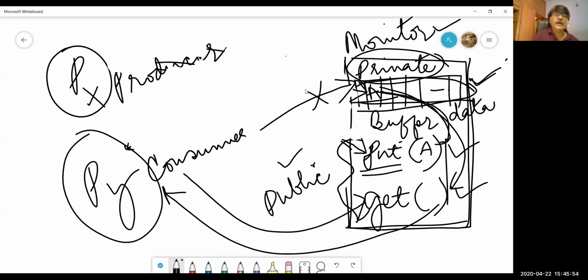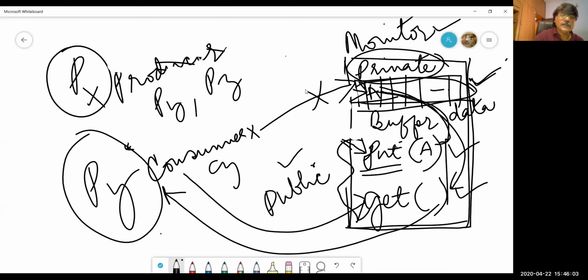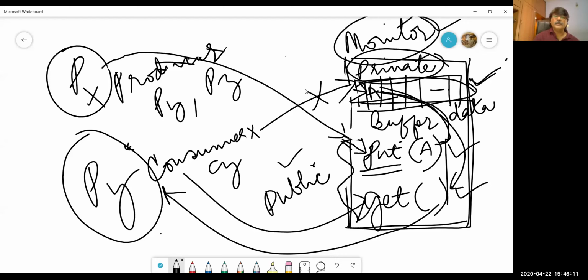So if there are multiple producers, producer X, producer Y, producer Z, and consumers, say consumer X, consumer Y, the monitor will only allow one particular process to invoke the function put. When producer X is invoking the function put, producer Y cannot invoke the function. That is where mutual exclusion is used. Another thing is that the producer cannot access the buffer directly.